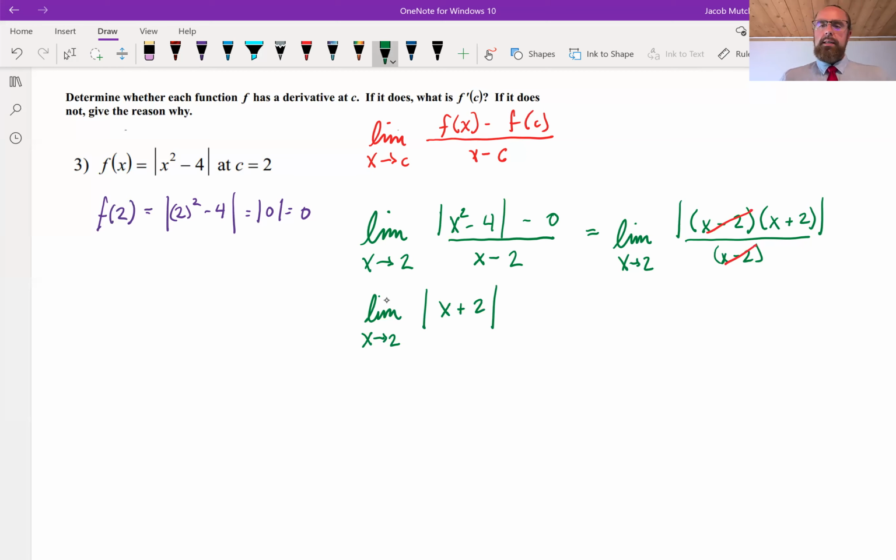Now, I do want to keep in view this version, because I need to consider what's happening to this value as I approach from the left in contrast with what happens as I approach from the right. Since again, the absolute value is going to change all the signs to positive. So I kind of need to keep in view what is the sign of the denominator.